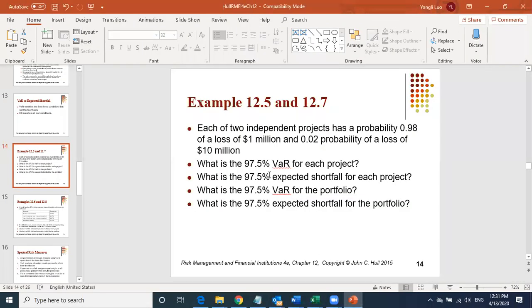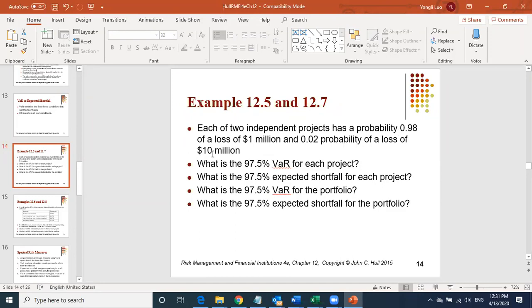Okay, this is the practice question. We have examples 12.5 and 12.7. Each of the 2 independent projects has a probability of 98% of a loss of 1 million and 2% probability of a loss of 10 million.